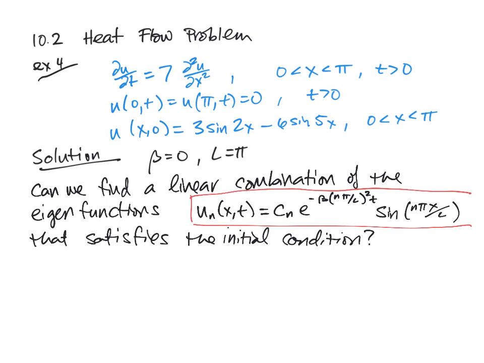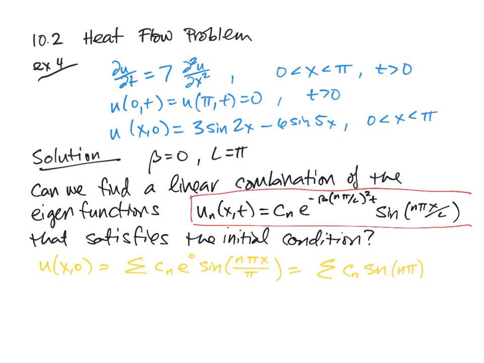So in other words, we'll use yellow since we're plugging in our initial condition. We need u of x, 0. If we add up some c_n, and now we're plugging in t equals 0, so we get e to the 0 times sine of n pi x over pi. So that's going to be our sum of c_n sine of n x.